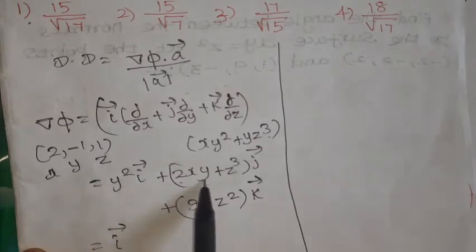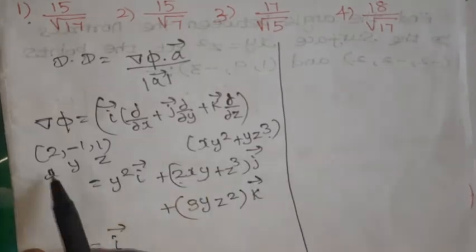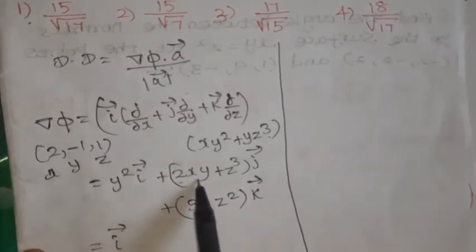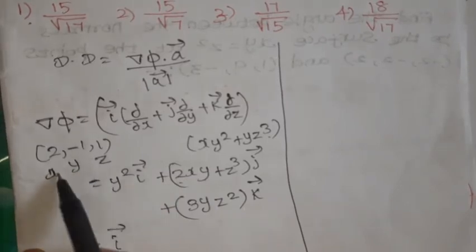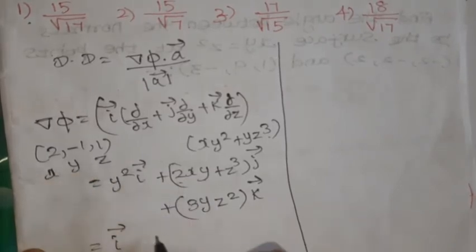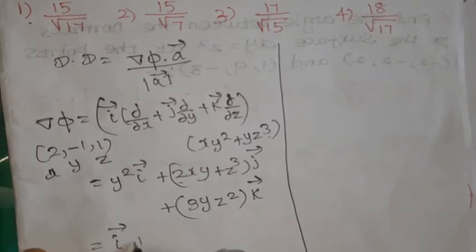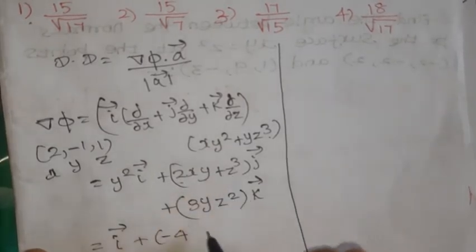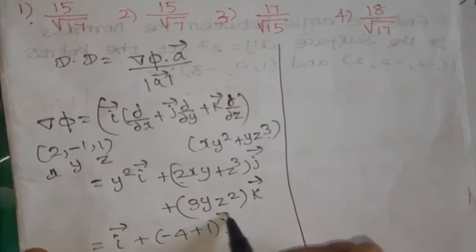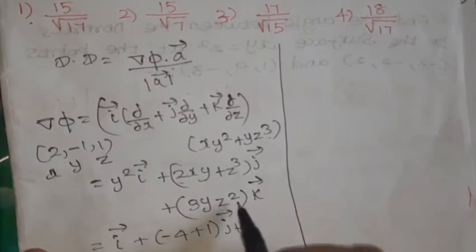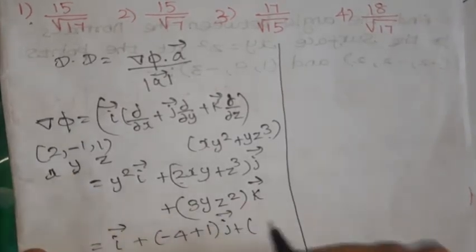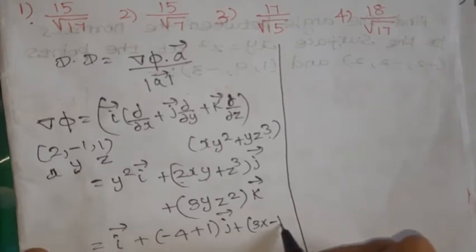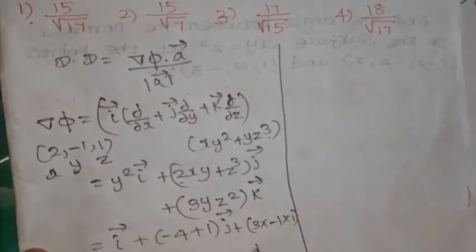Then 2xy means minus 2, minus 4, plus z cube is 1, into j vector, plus 3y z squared, y is minus 1, so minus 3, z squared 1, into k vector.